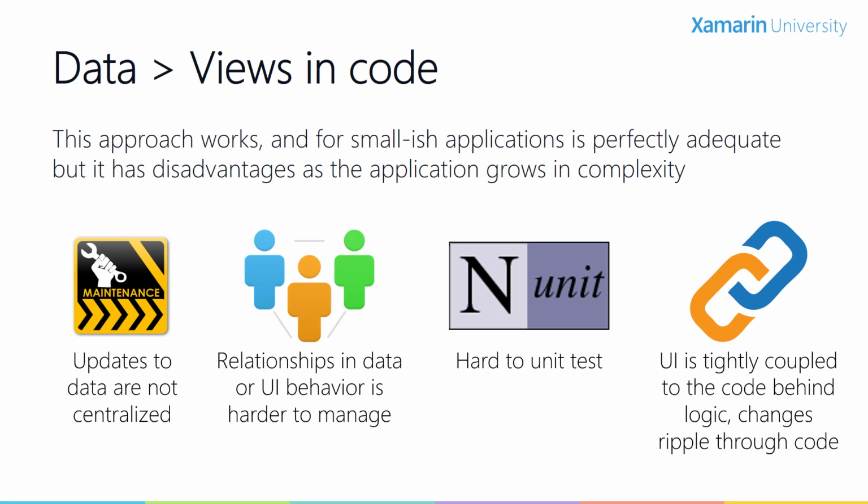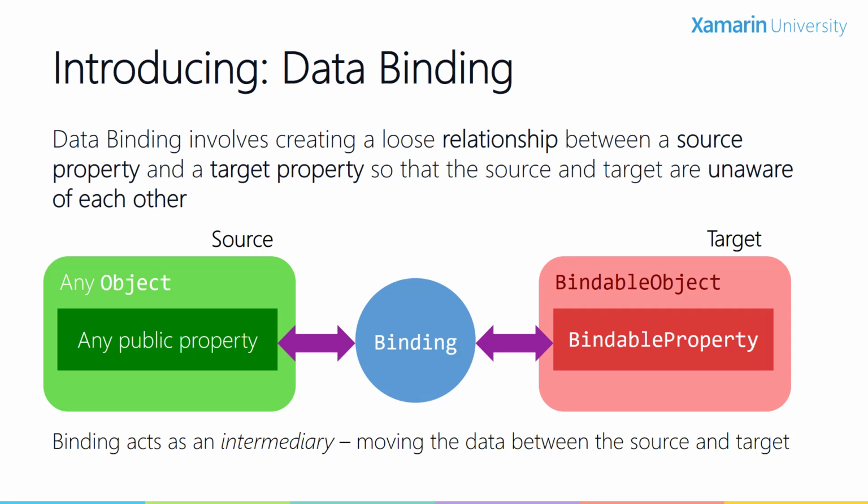And finally, because our UI is tightly coupled to our code behind logic, changing one does affect the other. So we really want to create a more loosely coupled system. Now, a possible solution to these problems is what we call data binding.